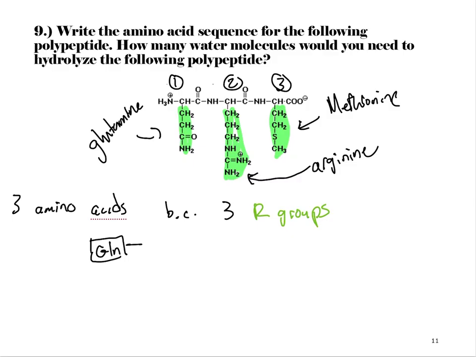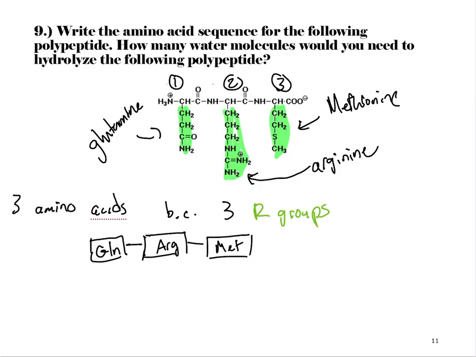I'll get you guys a better structure sheet for the exams because they're a little hard to read on this one. GLN, and then what about for arginine? ARG. And then what about for methionine? MET. All right, so that would be our three-letter sequence for these amino acids.